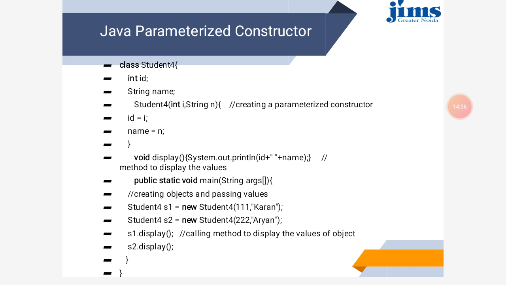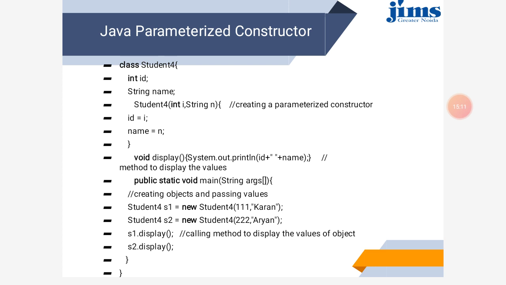And again there is one main method, and what we are doing in the main method is creating two objects, s1 and s2. And how are we using the constructor? In the constructor we are passing two arguments, one is id and the second one is name. So once these s1 and s2 objects are created, it calls the Student4 constructor.